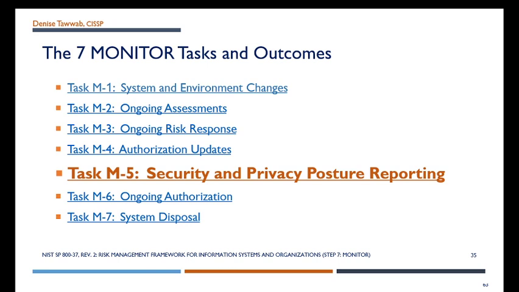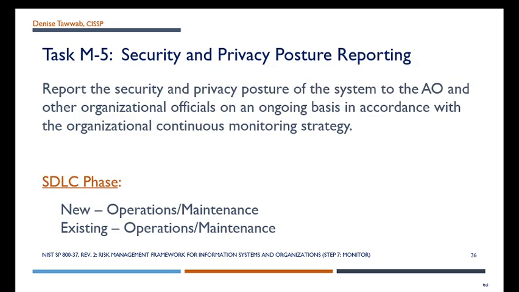The fifth task in the monitor step of the NIST Risk Management Framework is task M5, security and privacy posture reporting. In this task, you report the security and privacy posture of the system to the authorizing official and to other managers in the organization on an ongoing basis in keeping with the organization's continuous monitoring strategy.